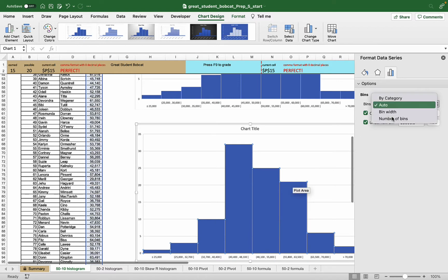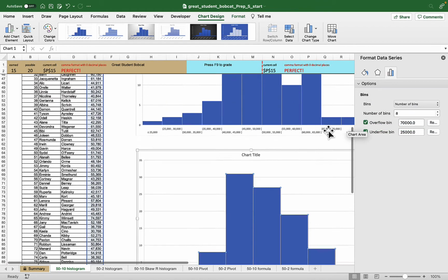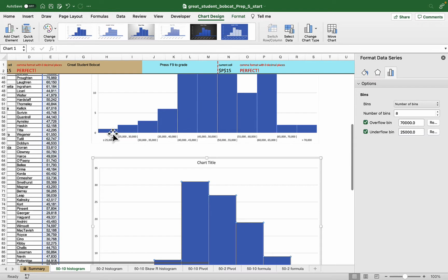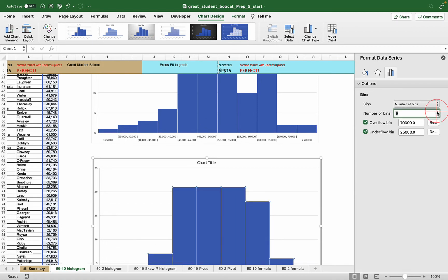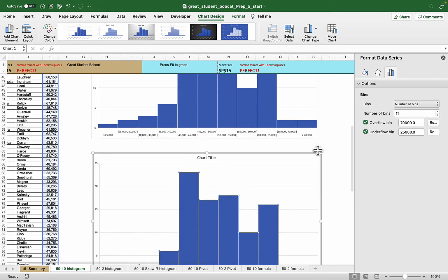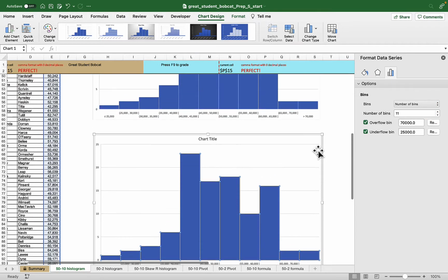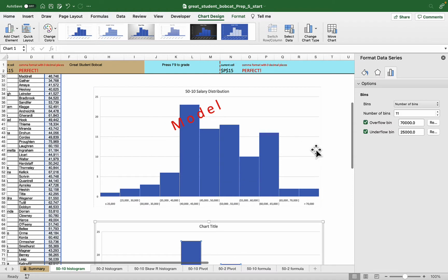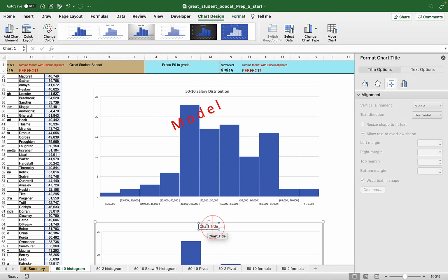So we're going to change this to number of bins, and then we could count these. So it's 1, 2, 3, 4, 7, 8, 9, 10, 11. So this should be 11. And now it matches. And then the last thing we have to do is the chart title. 50-10 salary distribution.